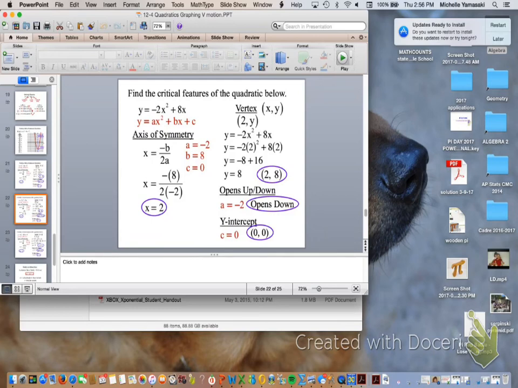So my vertex there. Now, 2 squared is what? 4 minus 8 plus 8. So what's my y going to be? It's going to be 4. Okay, so I'm going to plot that. My axis of symmetry is 2.